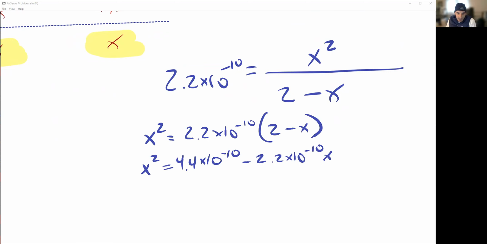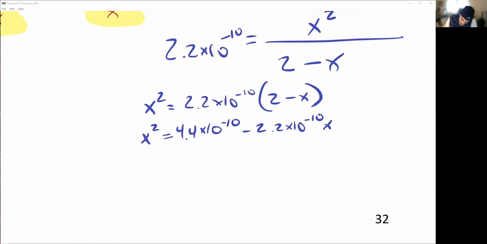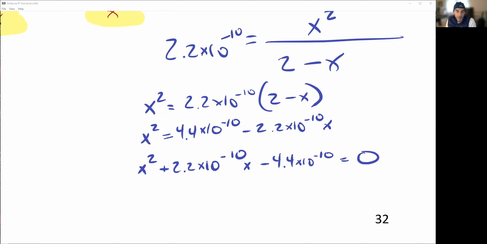Now that we have this, let's put everything on one side. X squared plus 2.2 times 10 to the negative 10 X minus 4.4 times 10 to the negative 10 is equal to 0. You guessed it, we are going to do the quadratic.